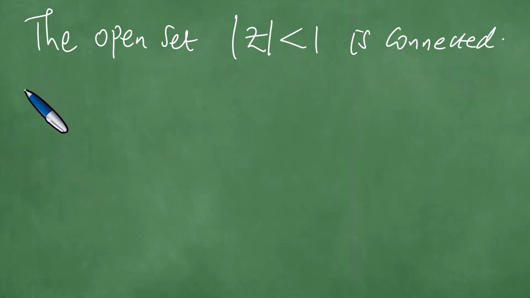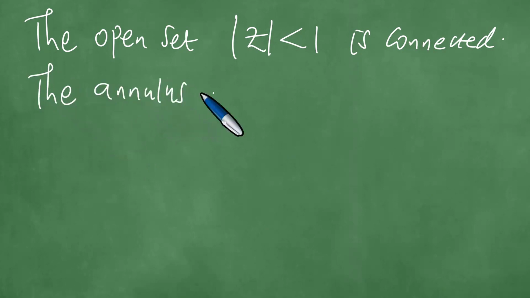Because it satisfies the definition, any polygonal line that joins points in S will be entirely contained in S. Also the annulus, something called an annulus.